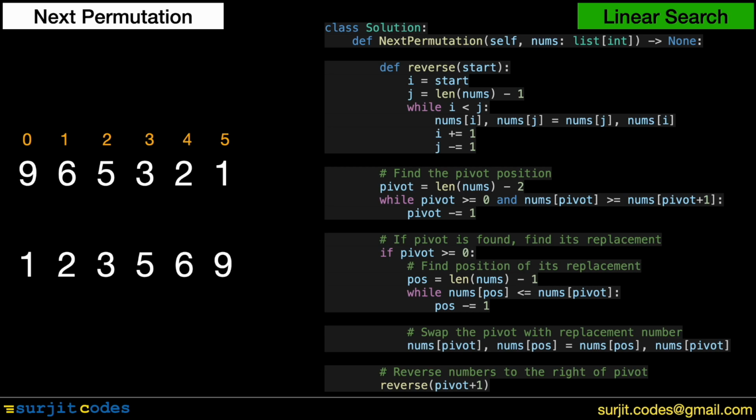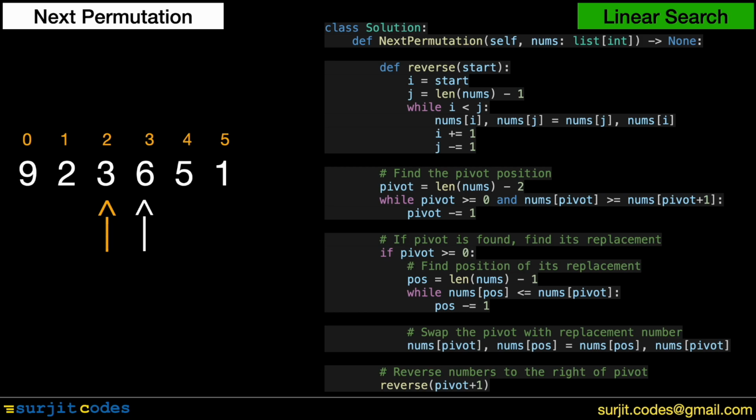When the pointers cross each other, we come out of the reversing loop and get the next permutation as required. 9 swaps with 1, 6 with 2, and 5 with 3. These swaps give us the new permutation in which all the integers are in the ascending order.